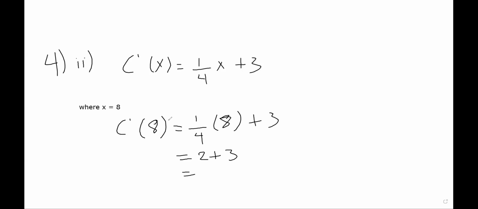And that's going to give us our C prime of 8, which is our marginal cost of the 9th unit, equal to $5. No tricks. And that's how we find the marginal cost of our 9th unit for part 2.